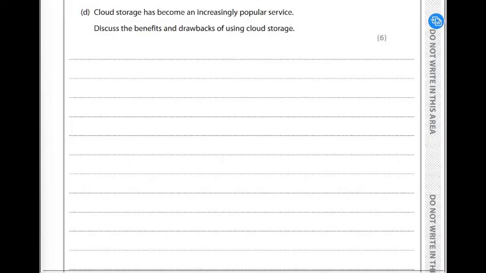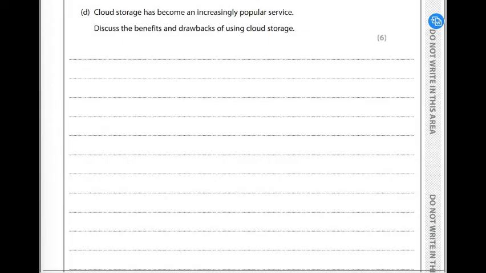So it's going to take a lot of power. And you would need the cooling systems. If it overheats, then things are going to fall apart. And with the increased use of network and network traffic, that's going to have an impact on other network users. So the more network traffic, the more people on it at one time, the slower the service is going to be because there's more people.